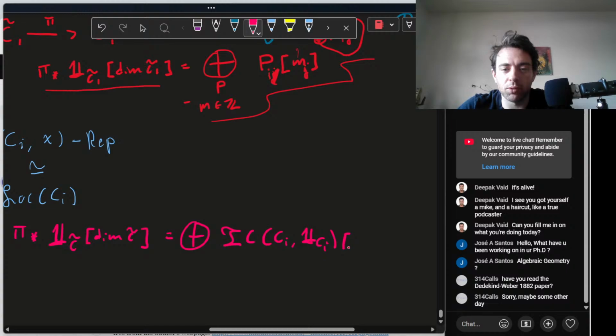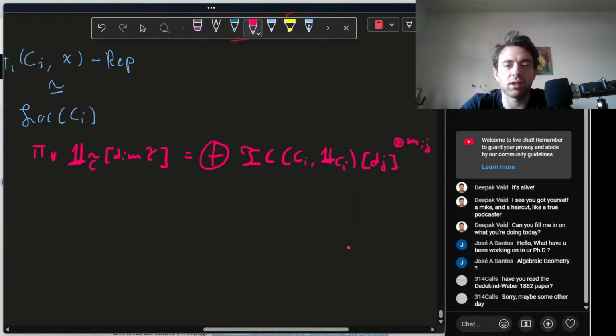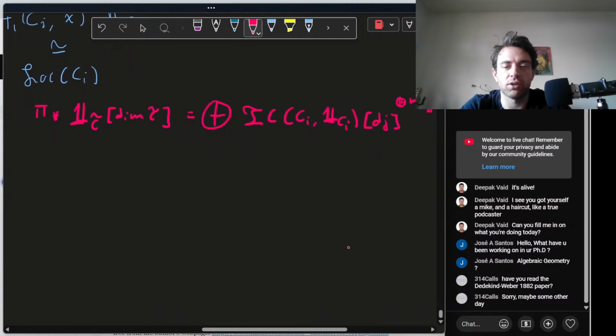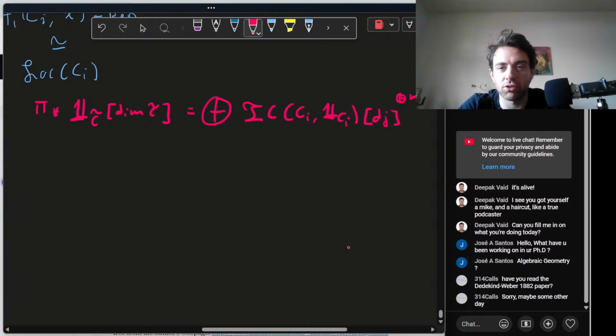A priori we'll be allowing some shift in the degree, so maybe I should call this d_j, and then putting that to some multiplicity m_ij. And I claim that this is going to help us figure out what the IC corresponding to the rank 1 matrices is.